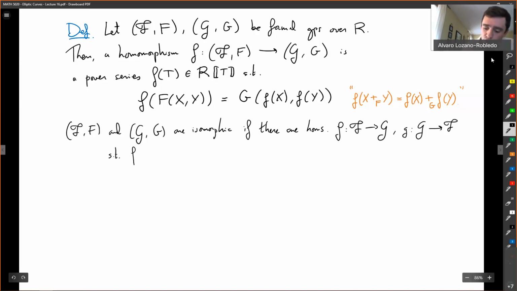So what you need for that is that f of g of t equals g of f of t equals t, the identity map.